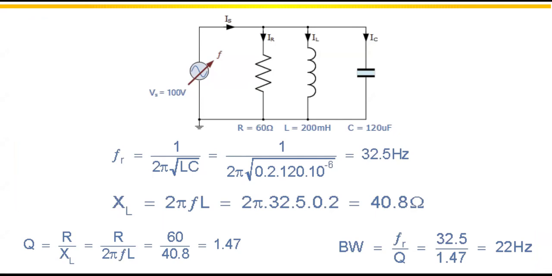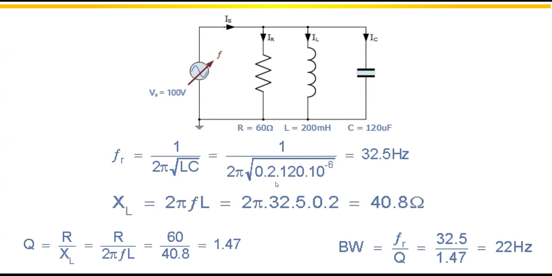Here we have a parallel RLC circuit, and I think what they're doing in this one is a bunch of calculations. They calculated the resonant frequency with our 1 over 2 pi times the square root of LC formula. For some reason, whoever did this uses these dots as multiplication signs as well as decimal points, so it makes it very confusing.